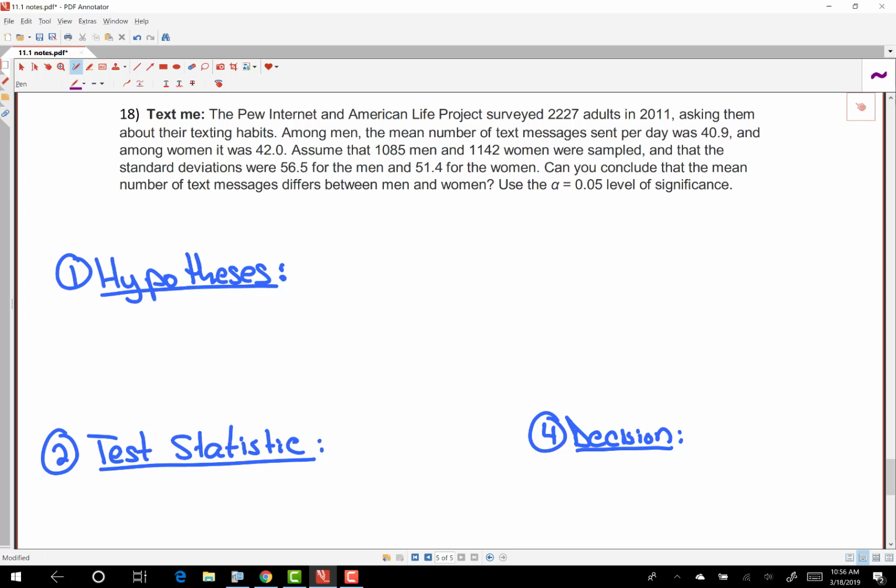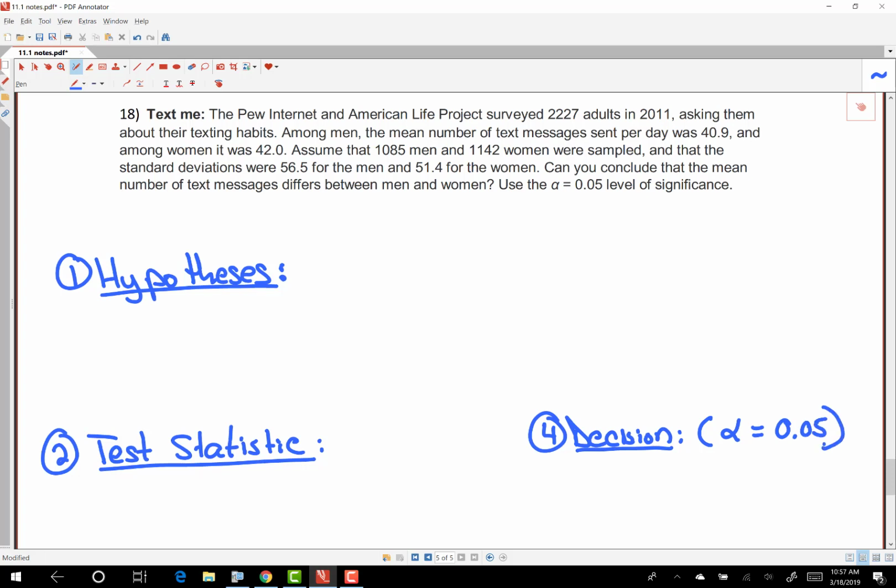Assume that 1,085 men and 1,142 women were sampled, and that the standard deviations were 56.5 for the men and 51.4 for the women. Can you conclude that the mean number of text messages differs between men and women? Use alpha equal 0.05 level of significance. So our alpha is 0.05.